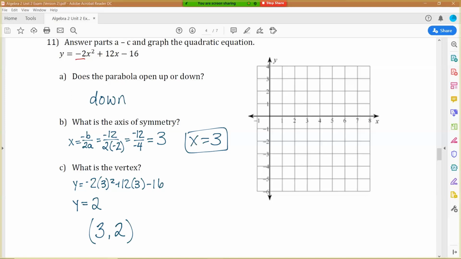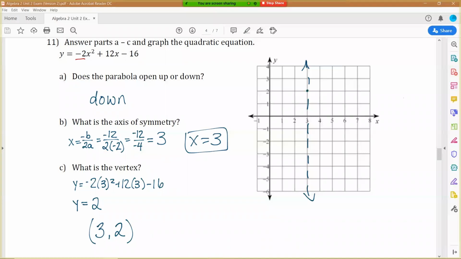The last thing we need to do is graph this. We know that our axis of symmetry is 3, so I'm going to draw in my dotted line. We're going to reflect over that in just a minute. And then I need to plot my vertex.